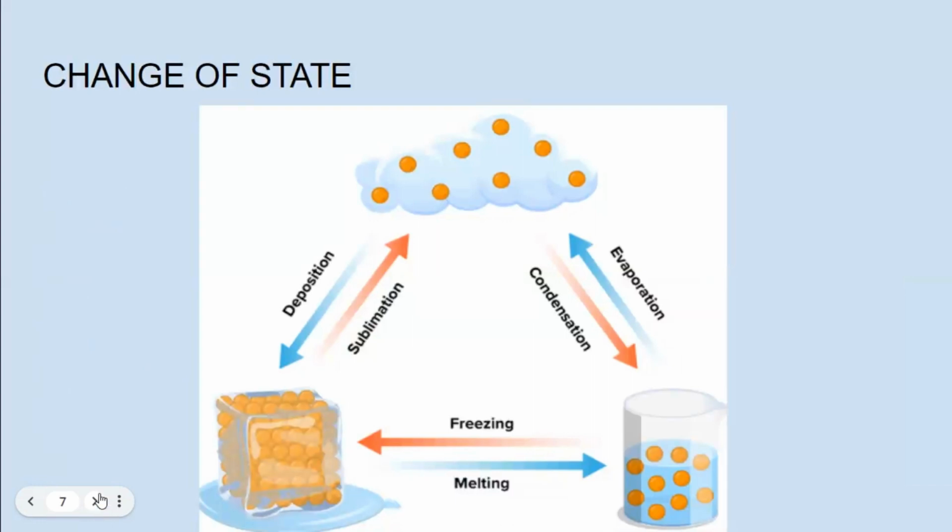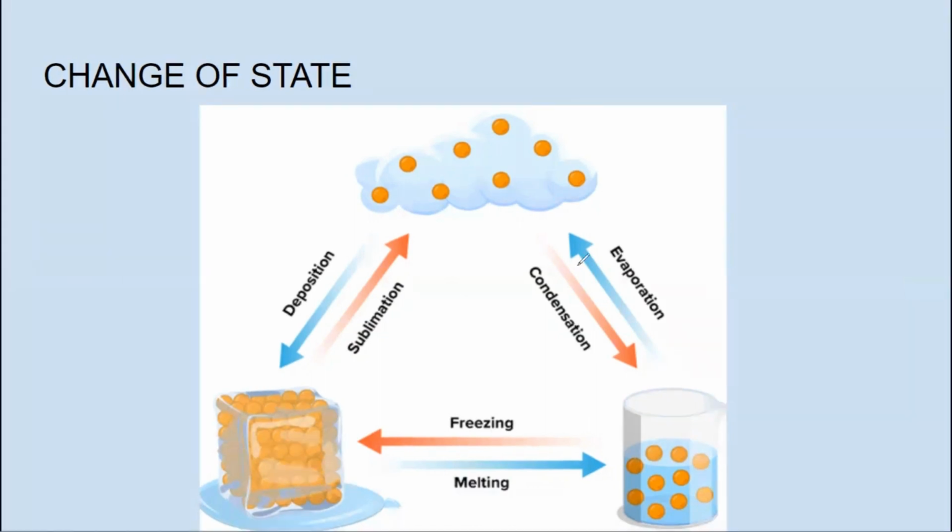Now the change of state: solid to liquid, liquid to gas. If you are going from solid to liquid, you have to increase the temperature. Liquid to gas, you have to increase the temperature more.